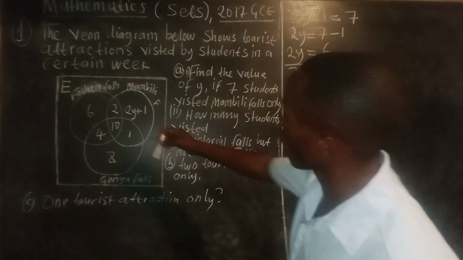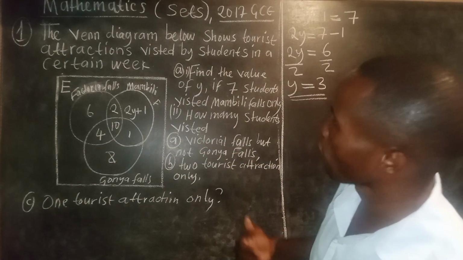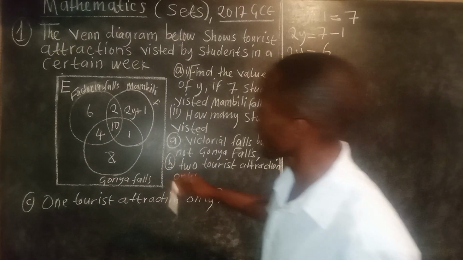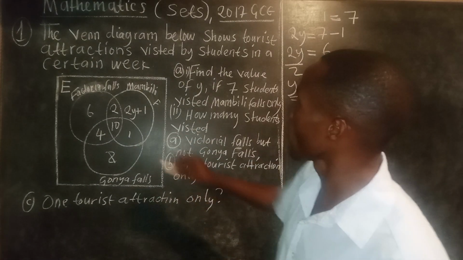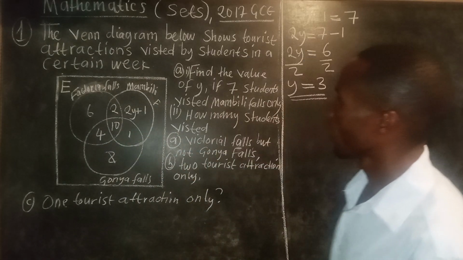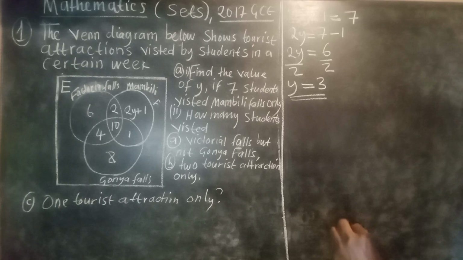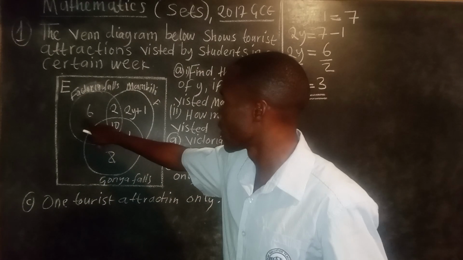So this 4 is also found in Ngonya Falls. Therefore, we are supposed to exclude 4 and 10, and we are going to remain with 6 and 2. For us to find the final answer, we just add 6 plus 2.